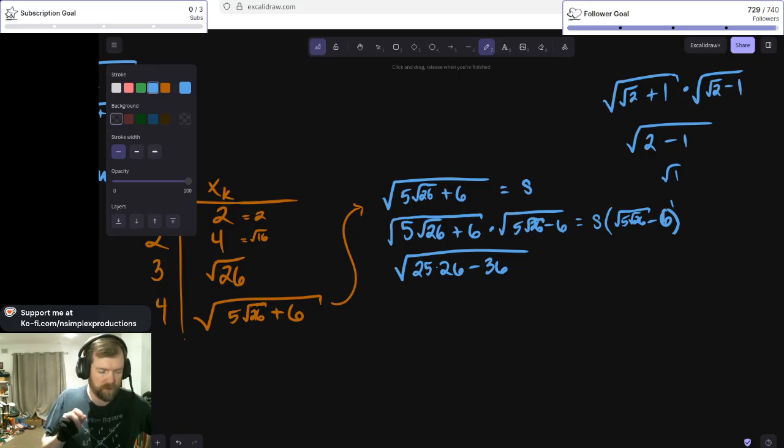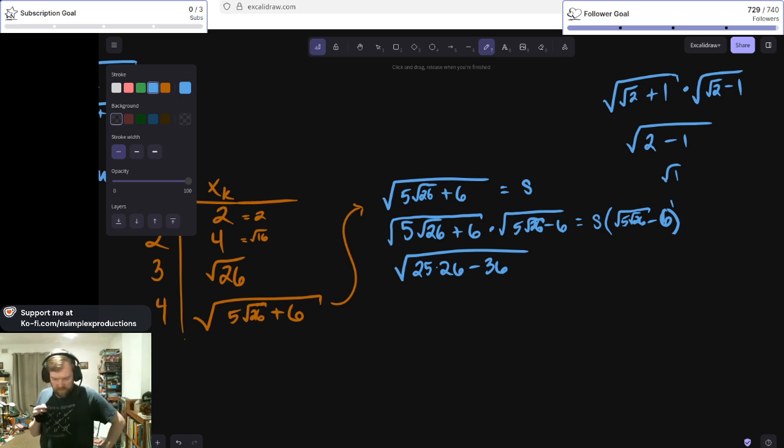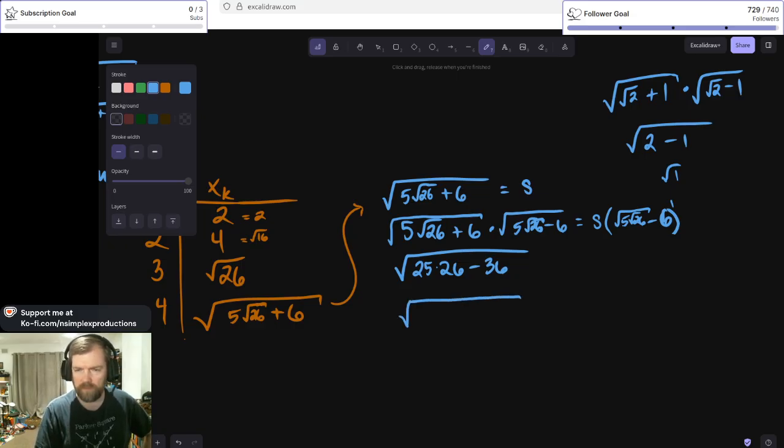I'm almost positive that the way to do it ends up being something with rational conjugates, irrational conjugates, and it can't be this because that just shifts it to the other side. That's 650. 650 minus 36 is 614.